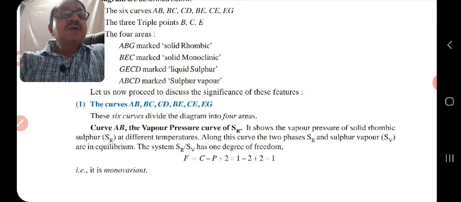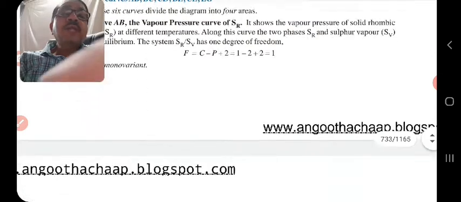Along this curve, the two phases SR and sulfur vapor are in equilibrium. The system SR or SV has 1 degree of freedom. Here applying the phase rule, F is equal to C minus P plus 2, that gives 1 minus 2 plus 2 is equal to 1, that is it is monovariant.